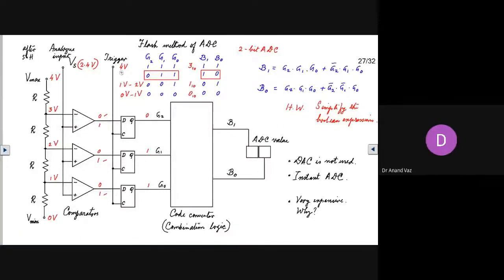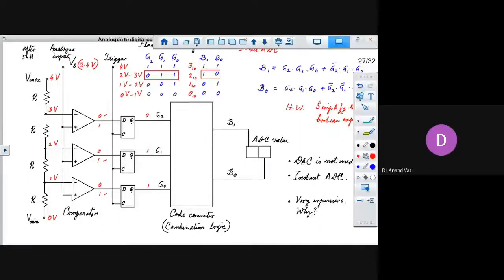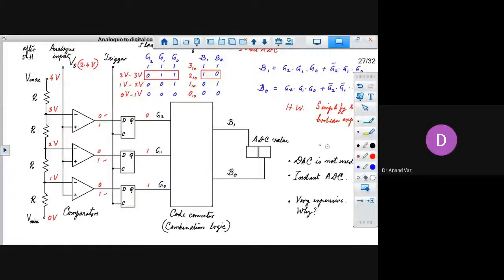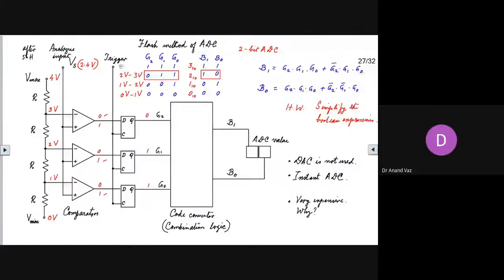When you are in the range between 2 and 3 volts, you get the bit pattern 10, which corresponds to 2. And when you are in the range between 3 and 4 volts, you will get the bit pattern 1 1, which is 3.